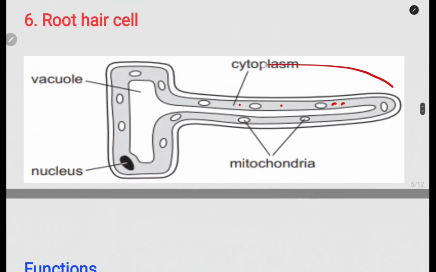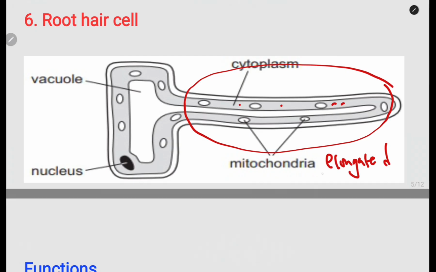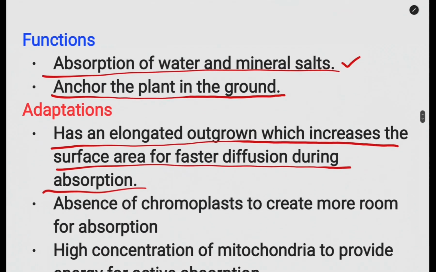Now, some of you might know the whole of this one is called an elongated outgrowth, and this is not the tail. So never should you refer to this one as a tail. It is called an elongated outgrowth, simply to increase the surface area for the diffusion of water and mineral salts.